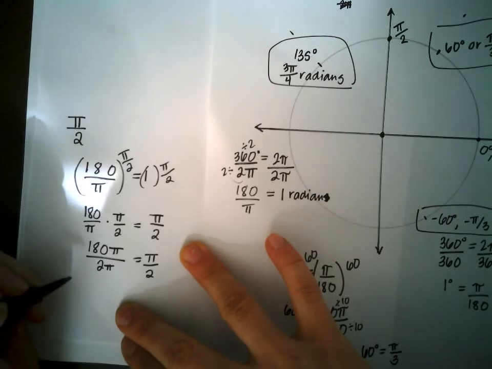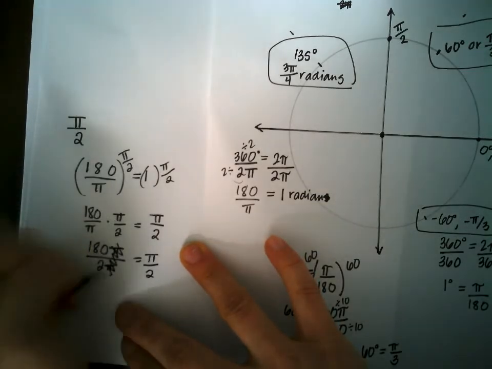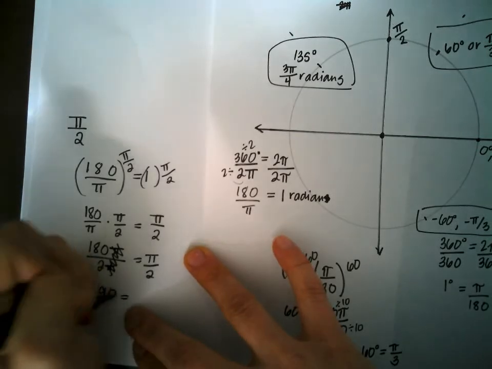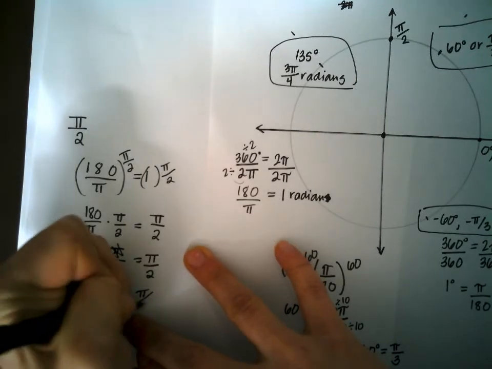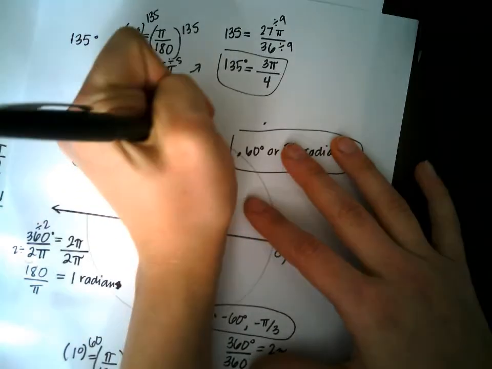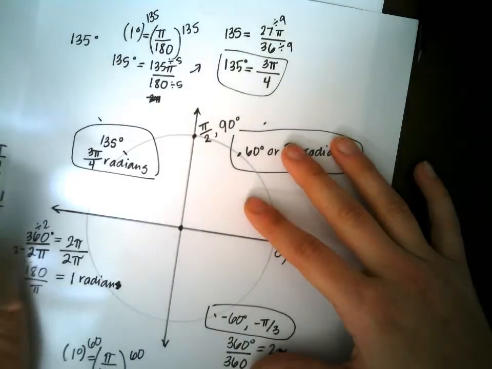So I know if I have the same thing on top and bottom, these cancel out. So now I have 180 over 2, which if I divide, I end up with 90 degrees equals pi over 2 radians. So pi over 2 right here is equal to 90 degrees.